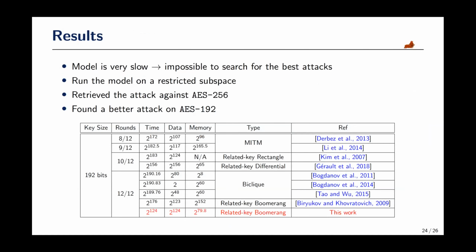Actually, our model is very slow and it's impossible to search for a better path directly. So we need to restrict the search space by restricting the number of active S-boxes per round. For AES-256, we recheck the attack, but for AES-192, we found a better attack, and its time complexity is 2 times lower than the best known attack from Asiacrypt.